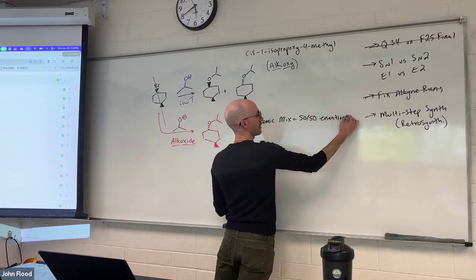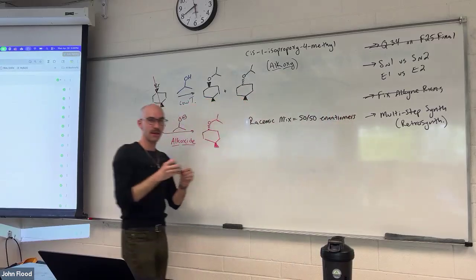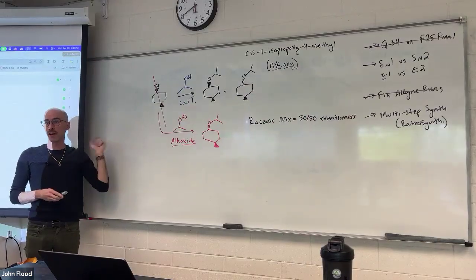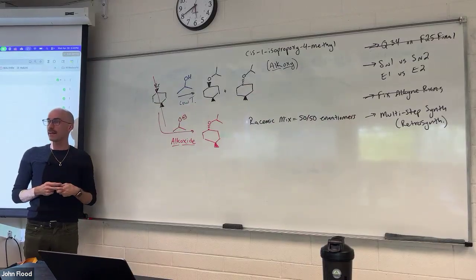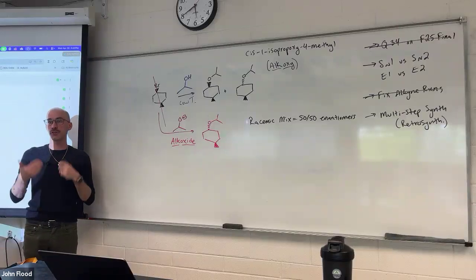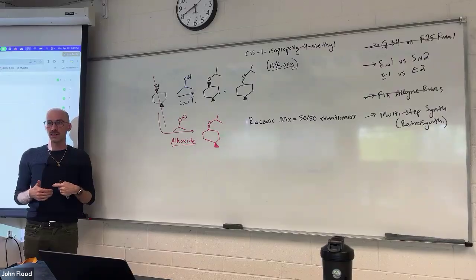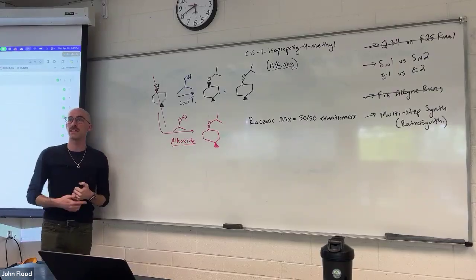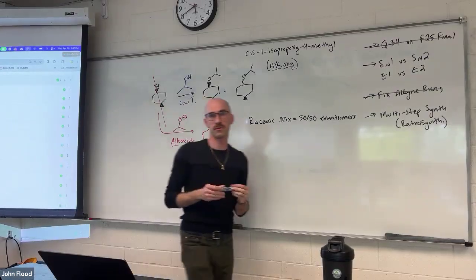And these are not enantiomers because achiral molecules don't have enantiomers. Achiral molecules can't have enantiomers. Achiral molecules have symmetry, and enantiomers, by definition, must lack symmetry in order to be non-superimposable with their mirror image.